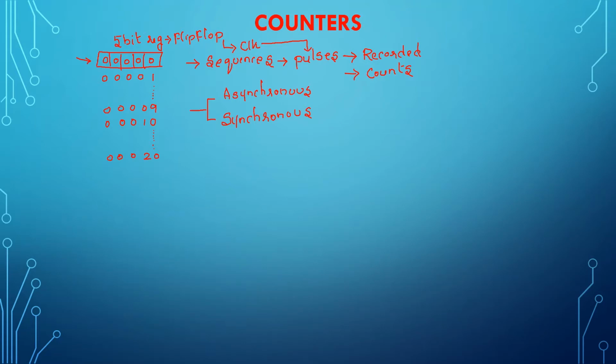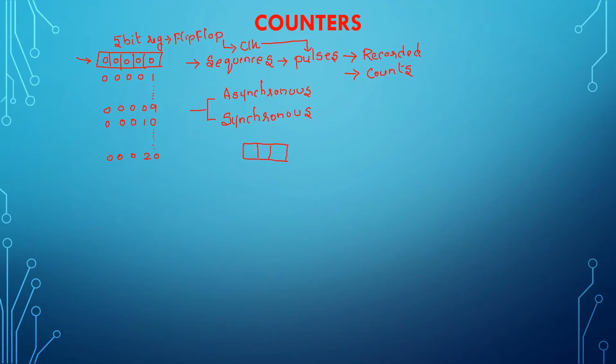So based on the clock inputs being fed to the registers used to design a counter, I categorize my counters into asynchronous and synchronous counters. For example, let us say this is your counter. A 3-bit register has been designed as a counter.